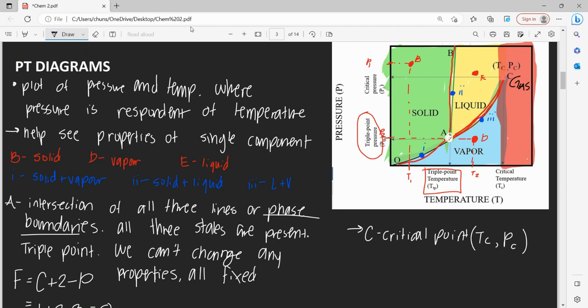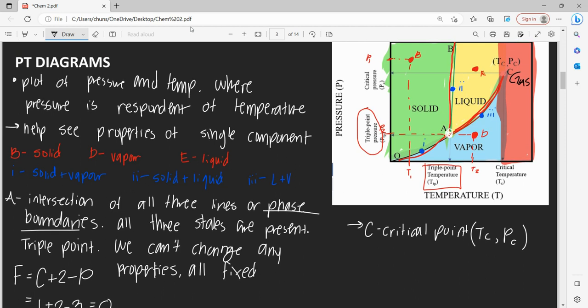Okay, so those are the basics of PT diagrams. The curves that separate our regions are called phase boundary lines. If we have points within a region, they correspond to whatever that region's phase is. And if we have points that lie on those phase boundary lines that border two regions, then both those regions are present.